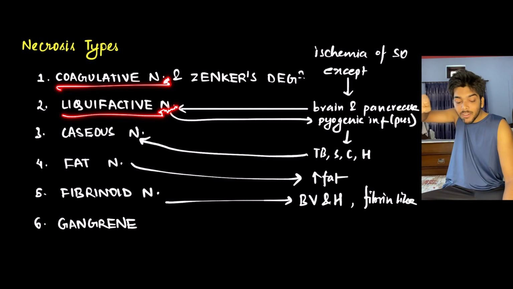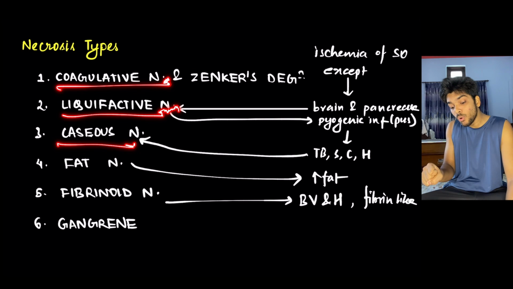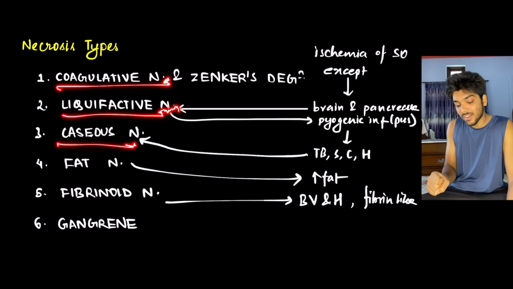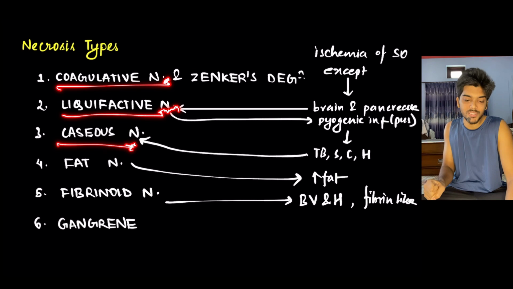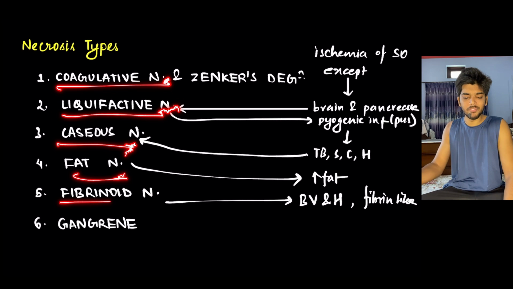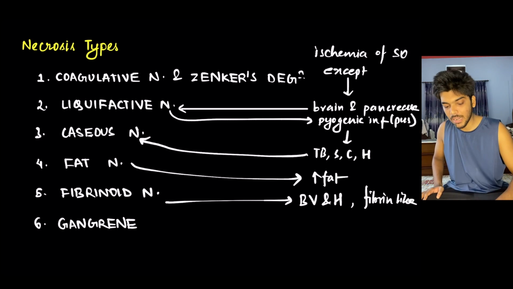Now take that and put it into caseous necrosis. So in caseous necrosis, it is due to pyogenic infection by those that do not cause liquefactive necrosis, that is TB, syphilis, coccidiomycosis, and histoplasmosis. Fat necrosis in fat rich organ, fibrinoid necrosis, there is deposition of fibrin and there is deposition of antigen antibody complex in blood vessel and heart.